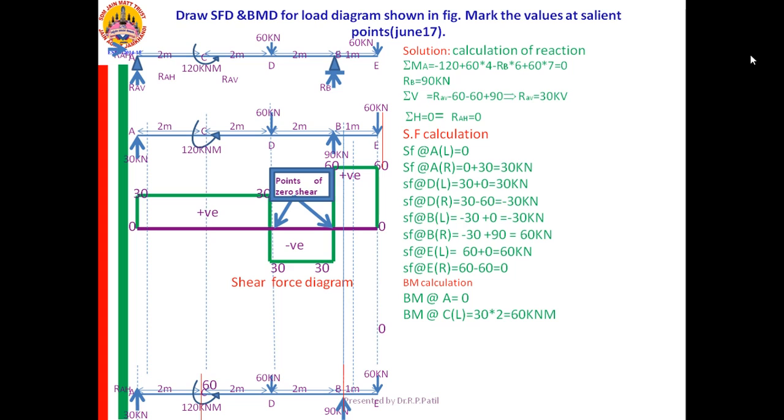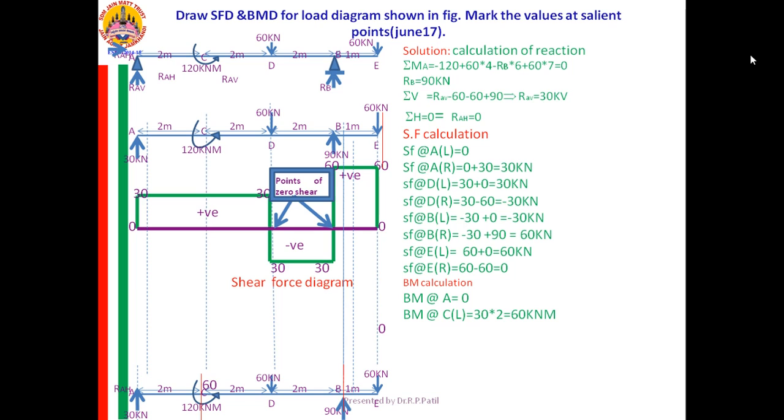Yes? Now you tell me if you are having the calculator. See the right part. Couple I will tell it afterwards. Afterwards in the sense at the end. First you go for 60. 60 into 2, the beam will bend in downward direction. Therefore it is minus 60 into 2.